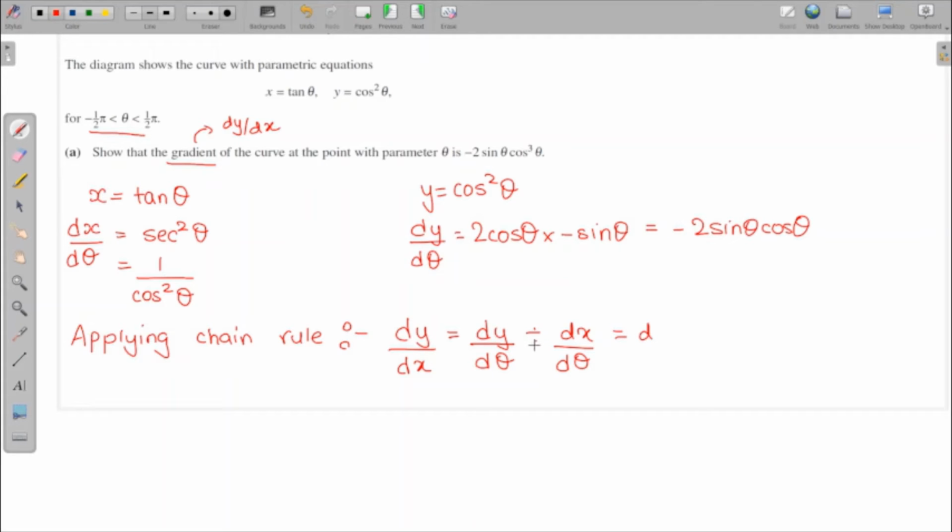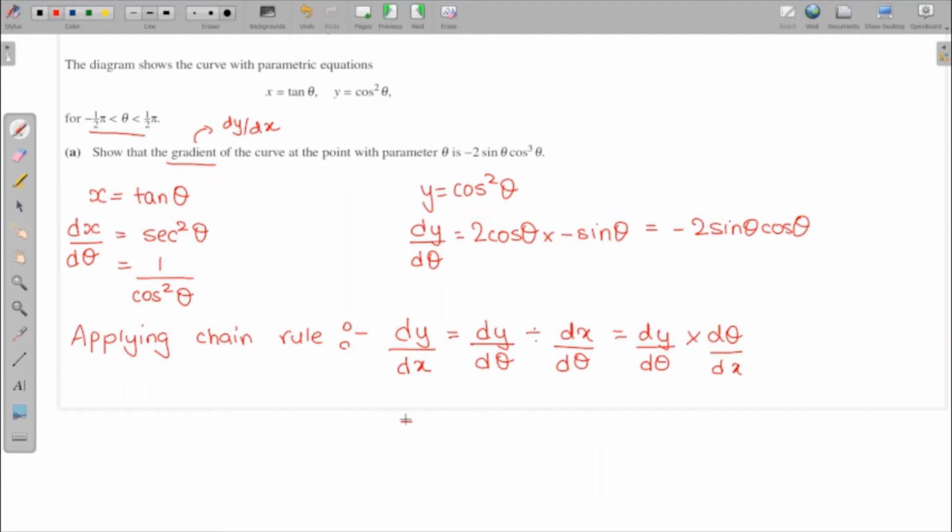Because if we change this to a multiplication sign and flip this, this will become d theta by dx. So this d theta and this d theta will get cancelled, and ultimately you'll be left with dy by dx.